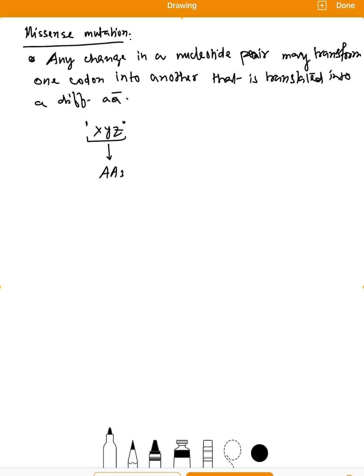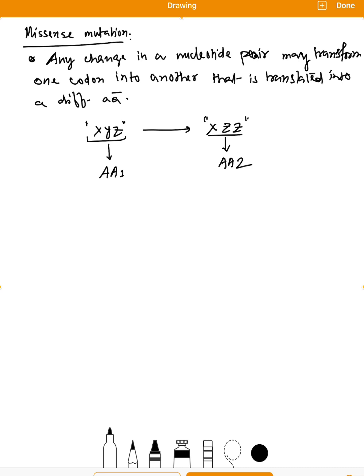Now due to mutation, suppose the Y is changed into Z, so the codon now becomes XZZ. After mutation, suppose a missense mutation occurs. The new codon formed is now coding for a different amino acid, suppose amino acid 2.